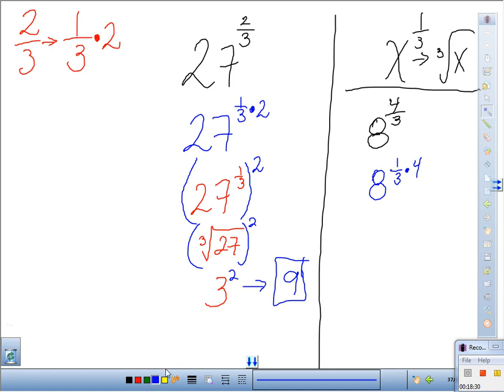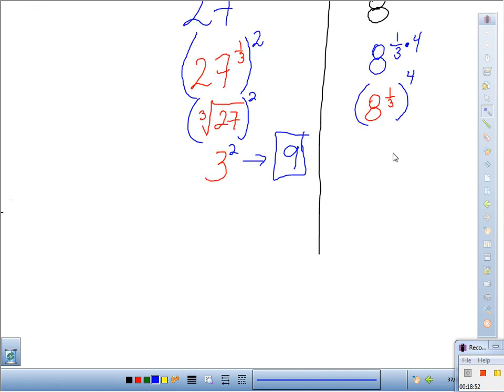All right. And then from there, I have 8 to the 1/3, and what do I do? In parentheses to the what? 4th power. Perla, how do I rewrite 8 to the 1/3?